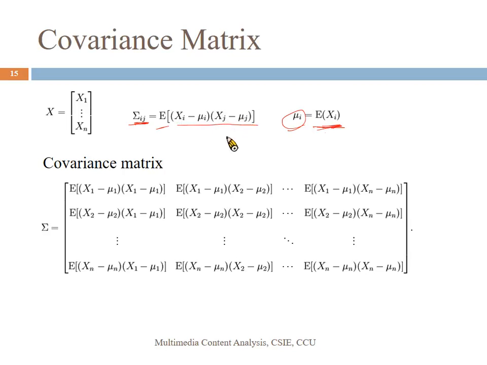So we just remove their average value and calculate how they change together, the multiplication between them. This is the whole definition of the covariance matrix. The first item is the covariance between the first variable and the first variable. The second one is the covariance between the first variable and the second variable. So this is the whole covariance matrix definition.